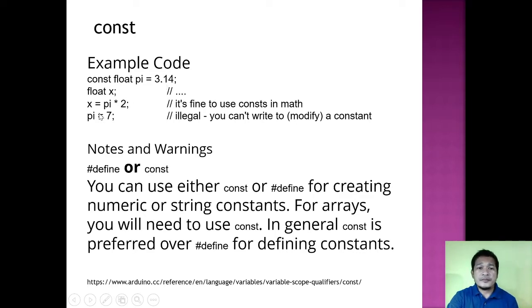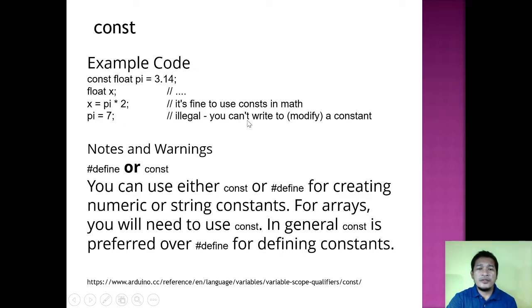So pi is equal to 3.14 times 2, and whatever the result, that is the value of our x. But we cannot say that pi is equal to 7, because pi is already assigned as 3.14 as a constant. After you create this constant float pi equal to 3.14, pi cannot be equal to 7.